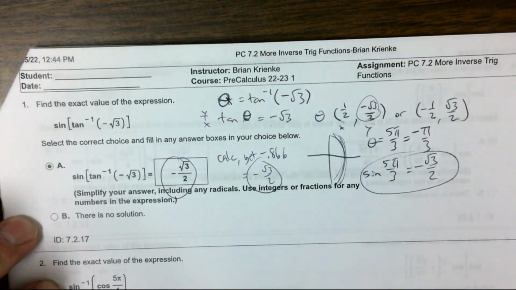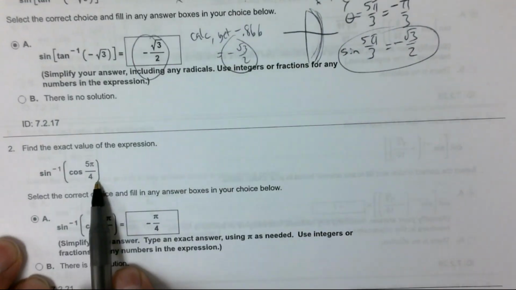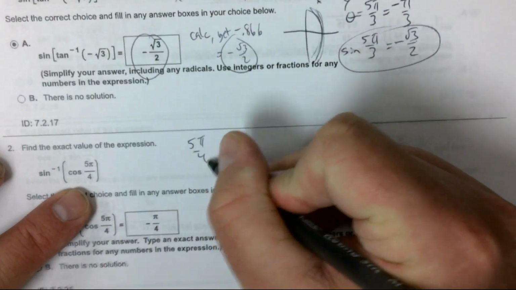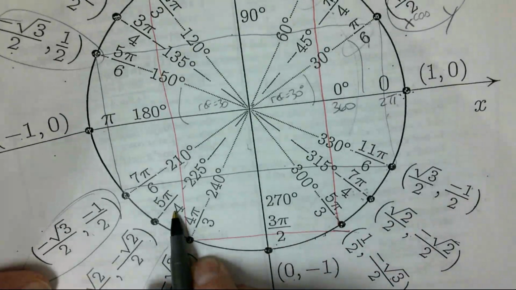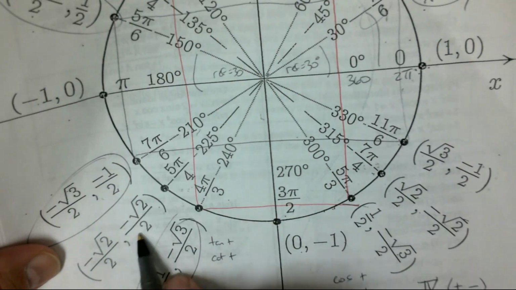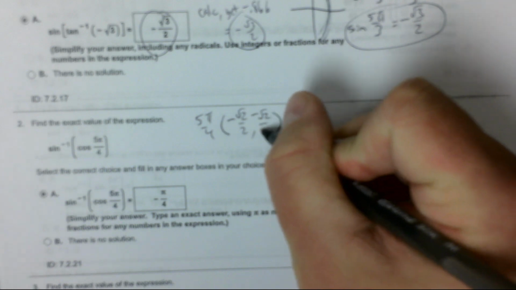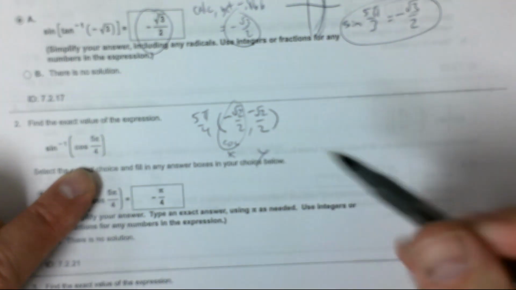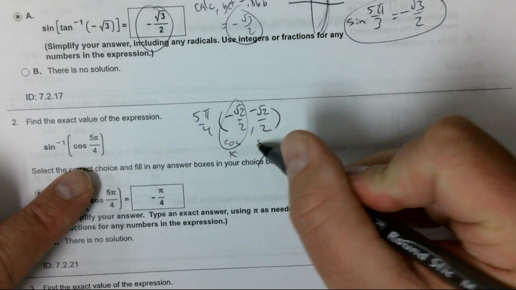On the next one, we have inverse sine of cosine of 5 pi over 4. Our first step is, what is the ordered pair for 5 pi over 4? We go to 5 pi over 4, and it's negative square root of 2 over 2 for both. Our cosine answer would be the x, because cosine relates to x, sine relates to y.